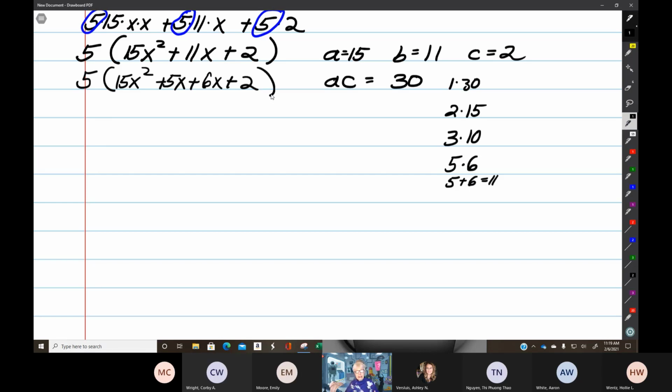So numerically, I haven't changed it, I've just changed the form of the trinomial. Form, not substance. Okay, I gather the first two terms together, and the second two terms together.